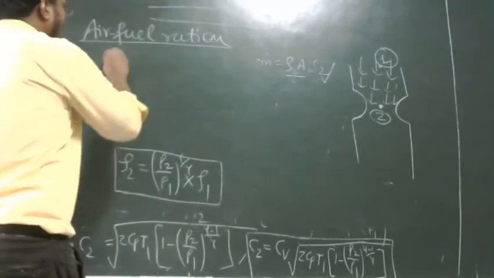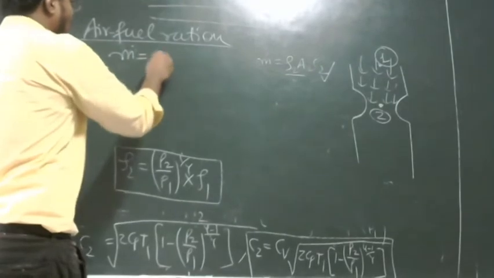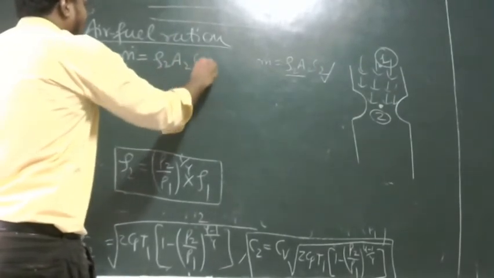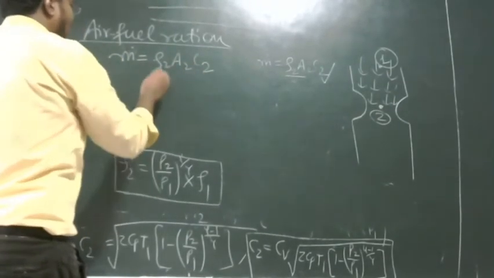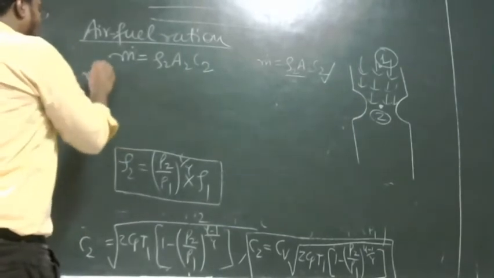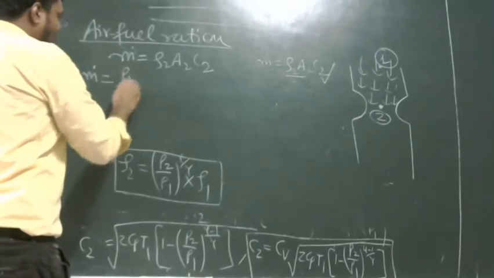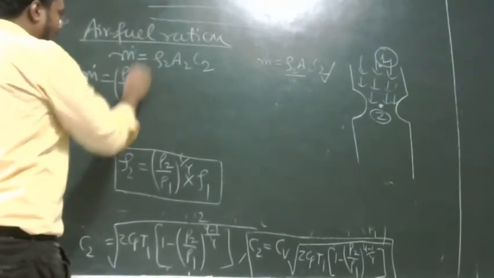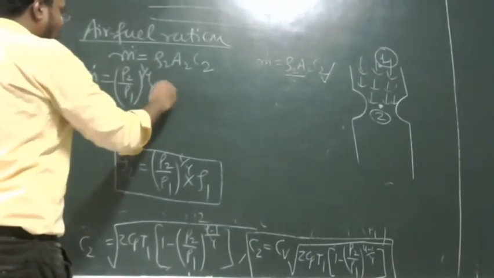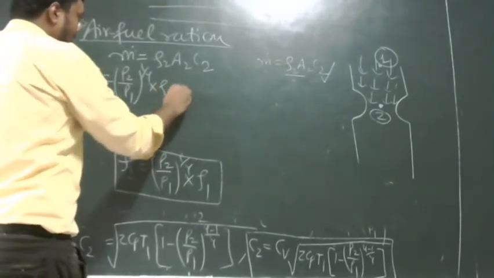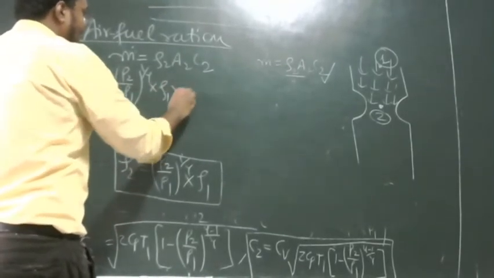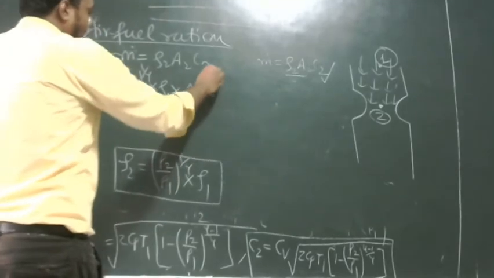So we can write m dot is equal to rho 2 A2 C2. Now m dot, the mass flow rate, is equal to rho 2, that is P2 by P1 to the power 1 by gamma into rho 1, into area A2, into the value of C2.